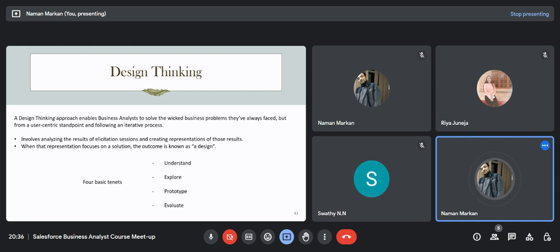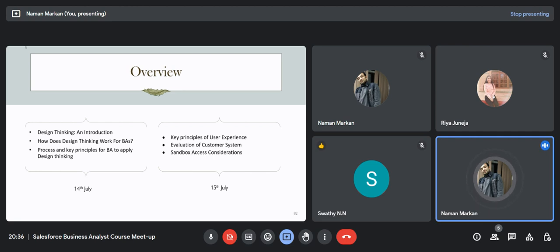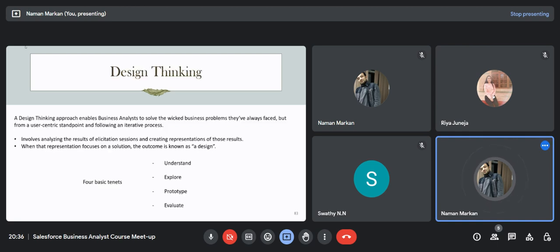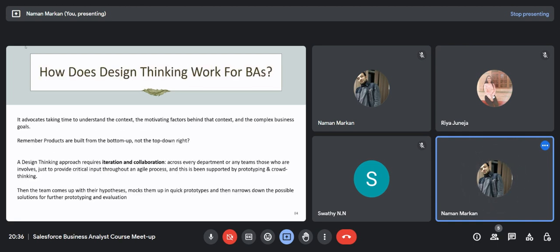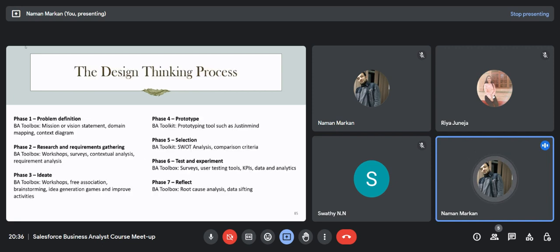So this is basically what design thinking is all about. So today we will only be looking at the design thinking part. What we have covered so far is the introductory part of design thinking, how design thinking works for BAs, and what the process involved is while using a design thinking approach.